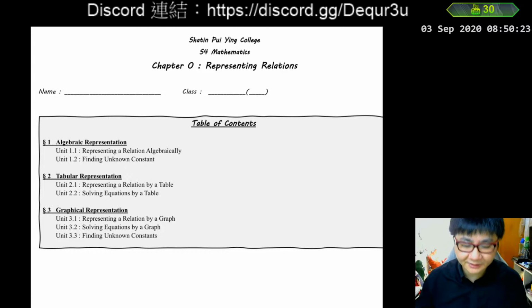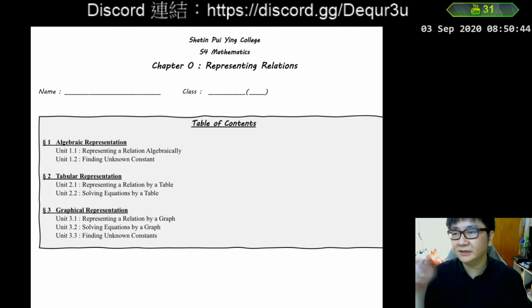Okay, so the algebraic way. The second one is a tabular representation. Sometimes the algebraic way is not easy, so using a table can help us do it in an easier way. Finally, the third section uses a graph to represent. When we say graph, usually it means graph paper, a paper with many horizontal and vertical grid lines.